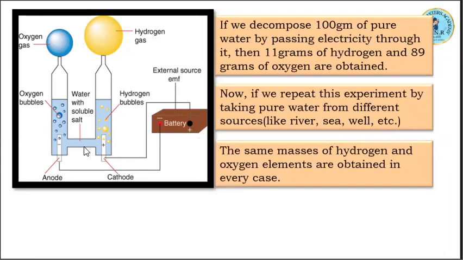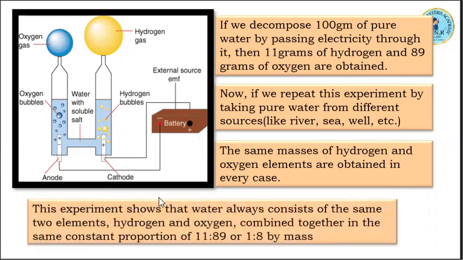The ratio of hydrogen mass to oxygen mass is the same. Remember this. This experiment shows that water always consists of the same two elements, hydrogen as well as oxygen, combined together in the same constant proportion of 11 is to 89 or 1 is to 8 by their masses.